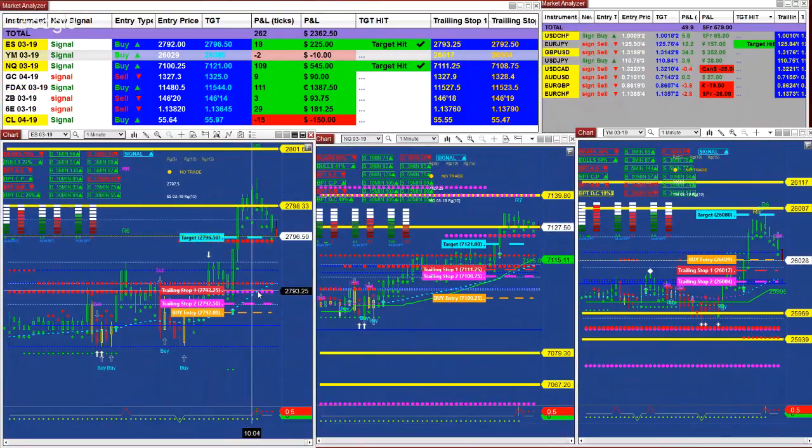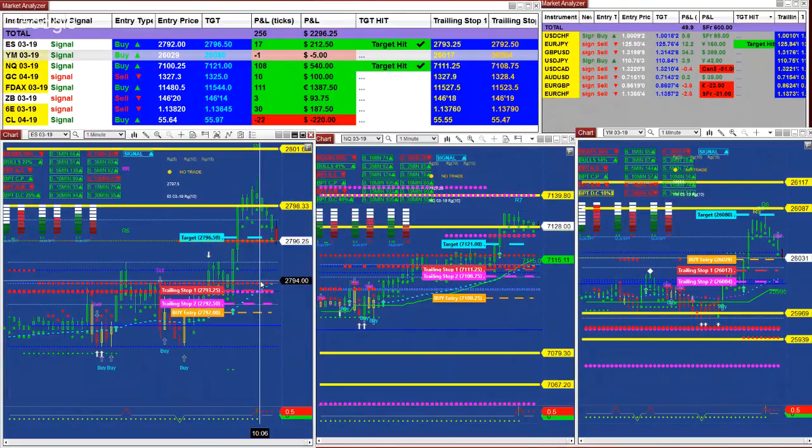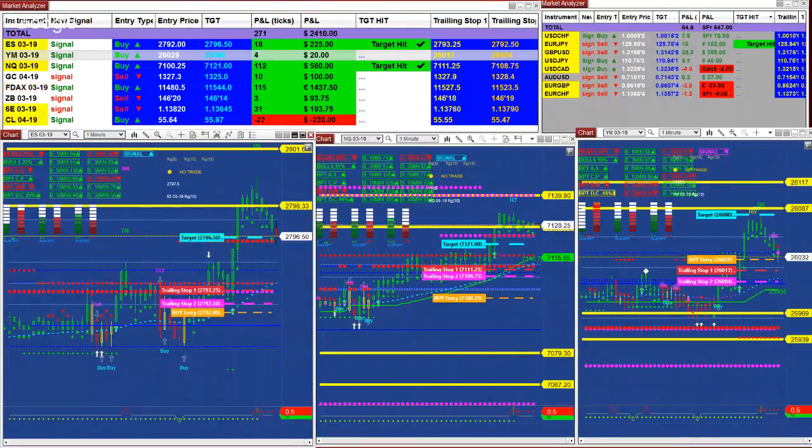If the 9625 is not going to hold, we are looking for a pullback re-entry long, gentlemen, at 27.94.